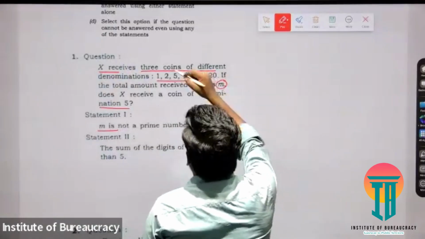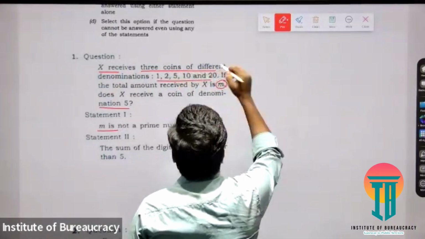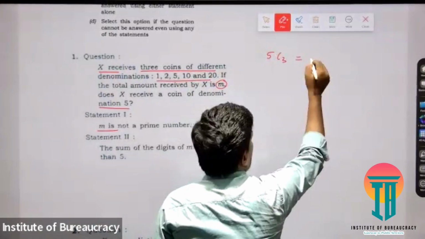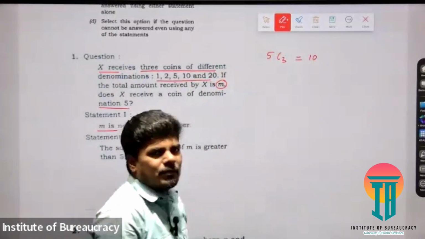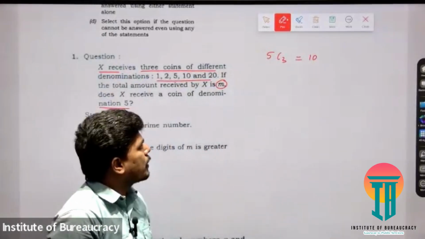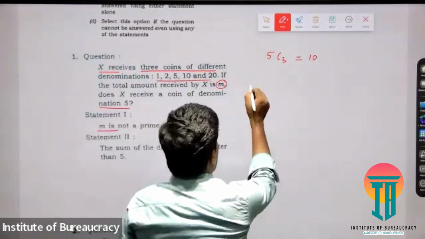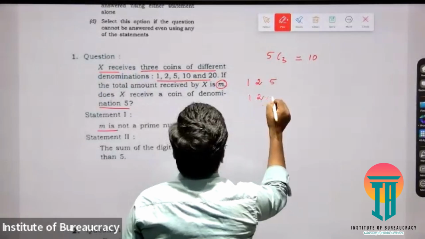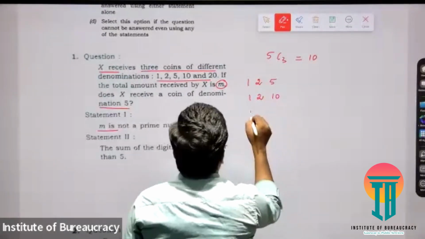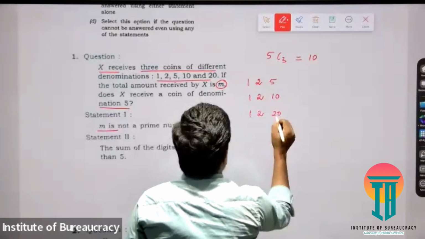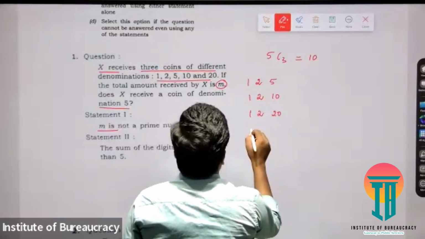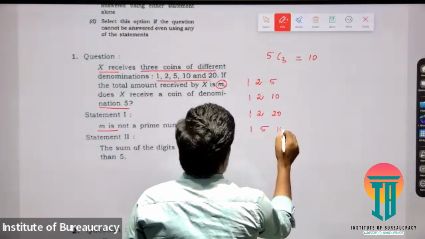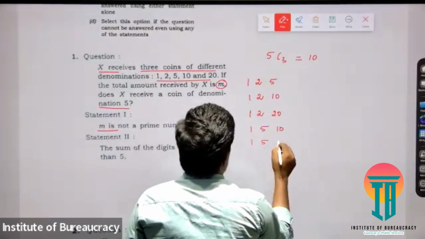So here there are 5 denominations, 1, 2, 5, 10, 20, out of which we are going to choose only 3. Therefore, we can make 10 combinations. What are the 10 combinations I have here? 1, 2, 5; 1, 2, 10; 1, 2, 20; and then 1, 5, 10; 1, 5, 20.